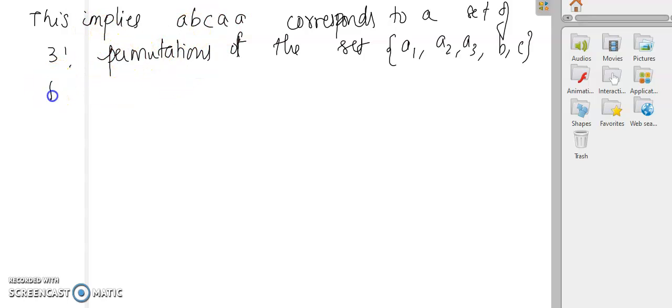So keeping the pattern, this pattern remains the same, A, B, C, A, A.